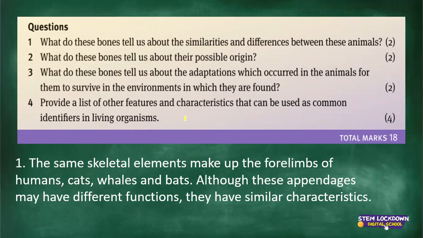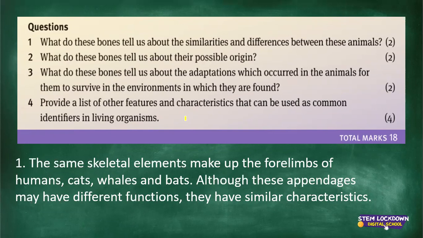Then you can see that the bones tell you that the same skeletal elements make up the forelimbs of humans, cats, whales, and bats. Although these appendages may have different functions, they have similar characteristics. That's what you'll deduce. You can even just Google search online to find this information. I'll show you the bones just now.